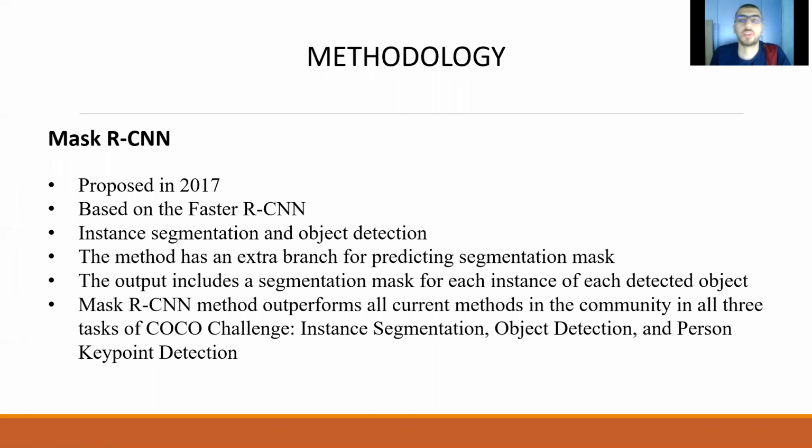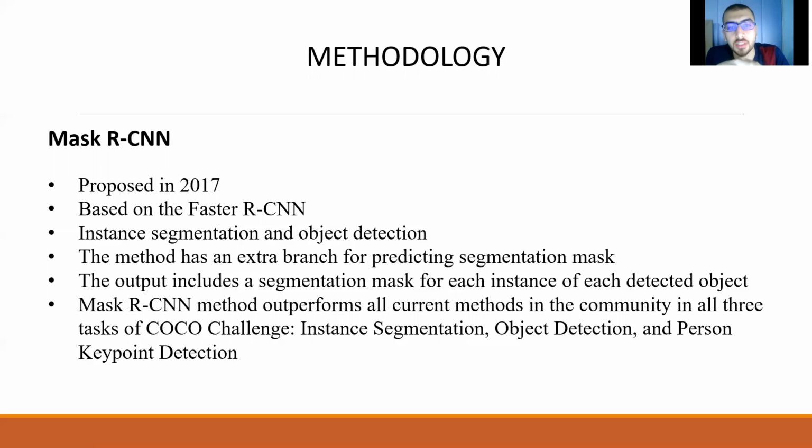The method that we have chosen for this study is Mask RCNN. This method was proposed in 2017. It was based on Faster RCNN for instance segmentation and object detection.